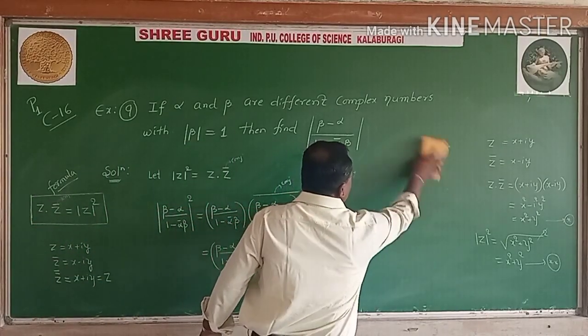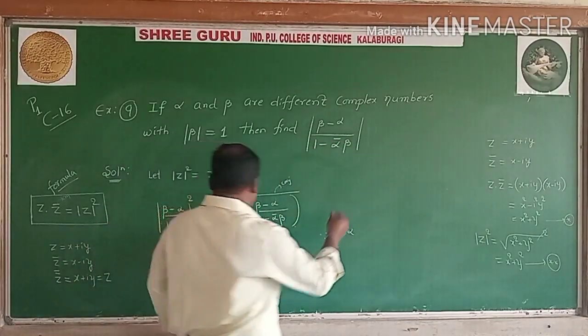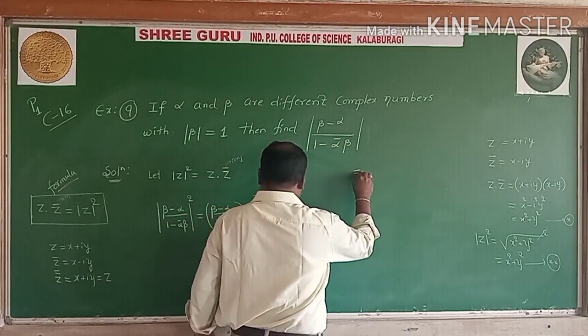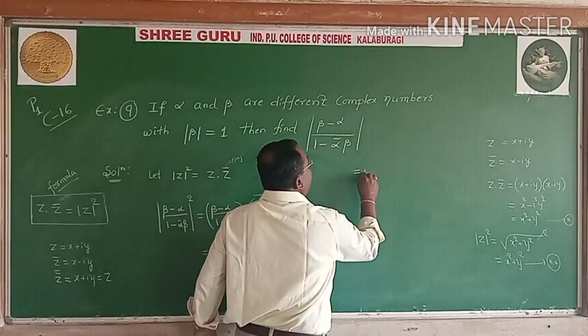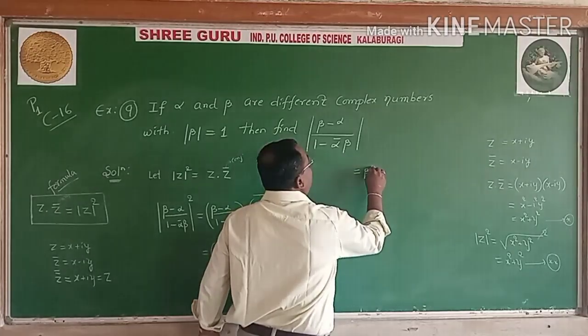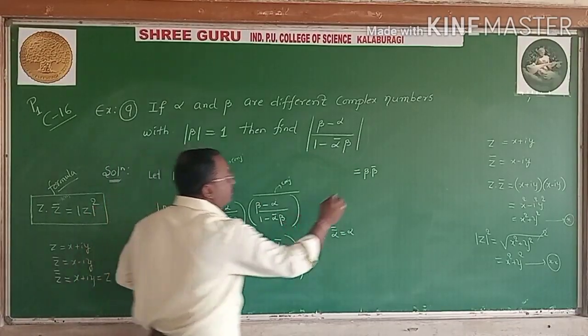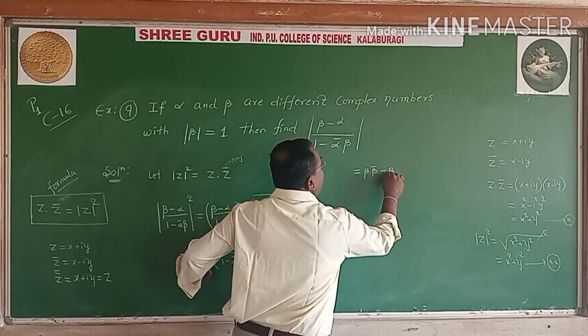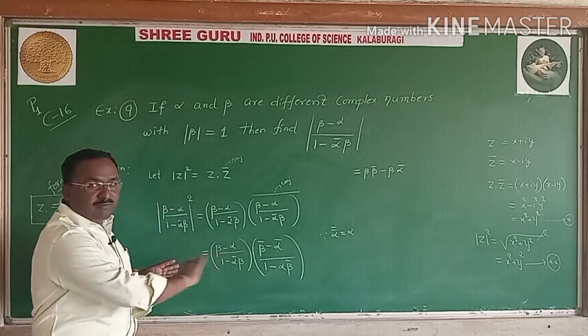Here the product is equal to beta into beta bar, plus, minus, minus beta into alpha bar. Product of numerator, product of denominator.